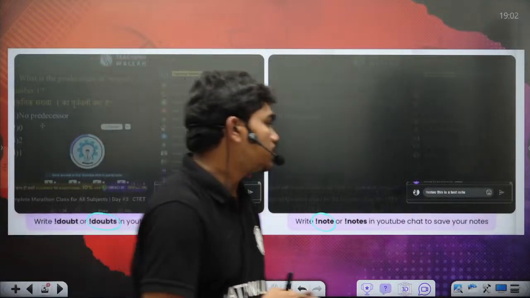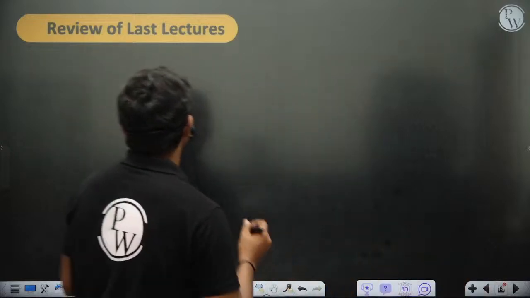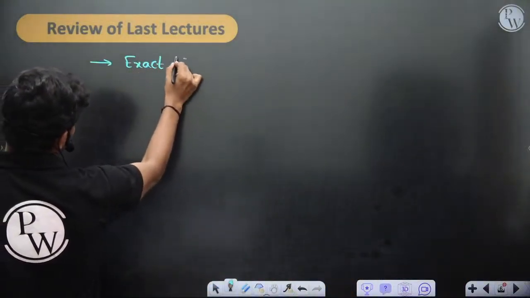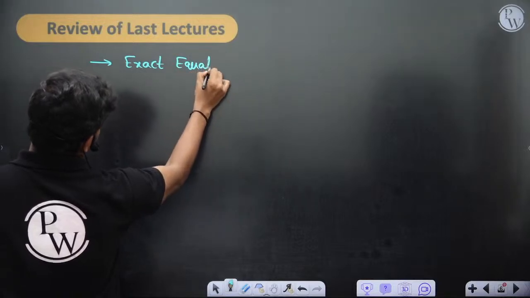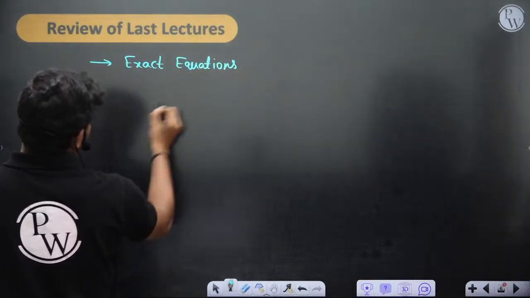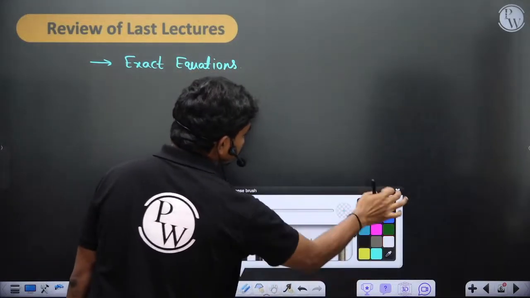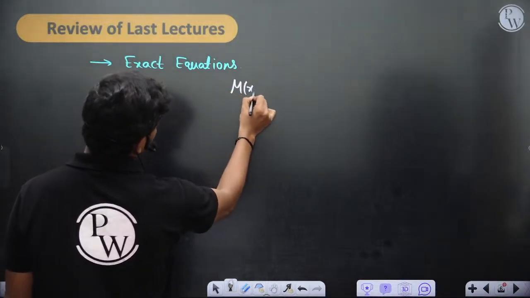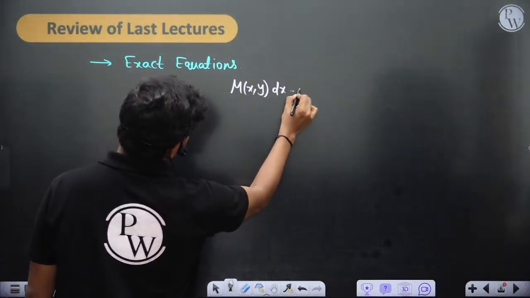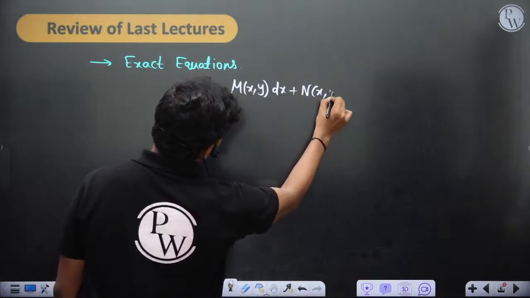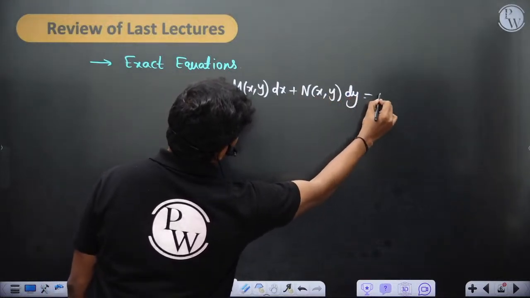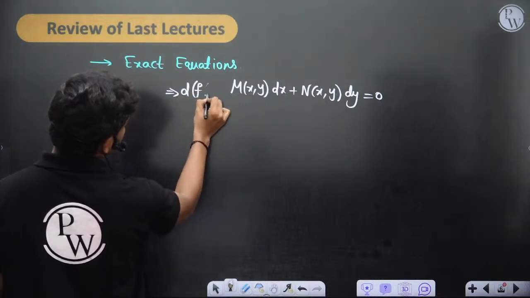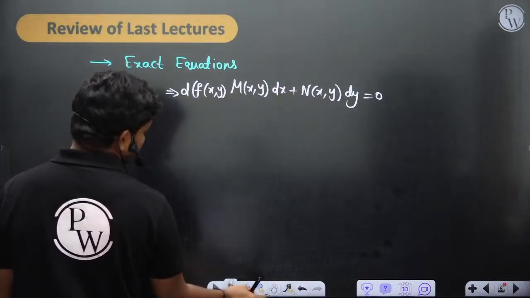In the last lecture we were talking about exact equations. If you have M of x comma y dx plus N of x comma y dy equal to 0, then this is an exact derivative of a function.